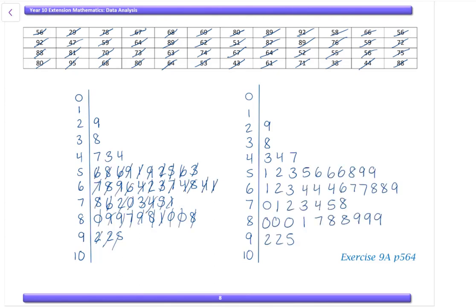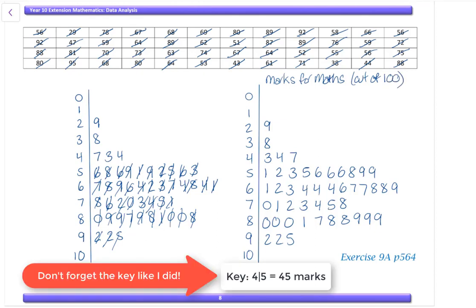Okay, so that's the stem and leaf plot finished, and I should put marks for maths out of 100. So I've got a title.